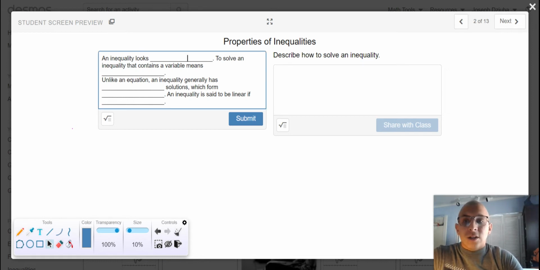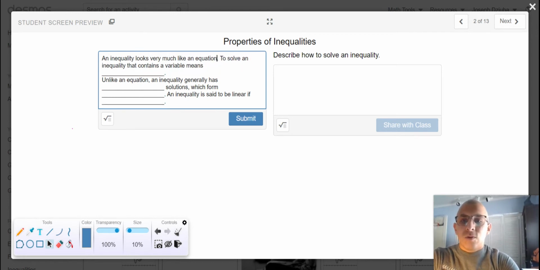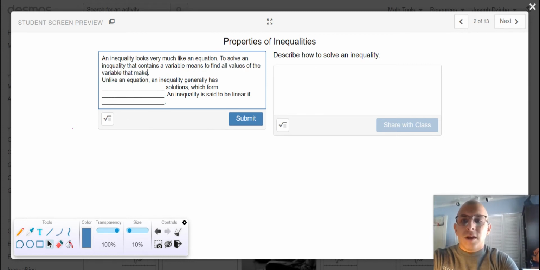An inequality looks very much like an equation. To solve an inequality that contains a variable means to find all values of the variable that make the inequality true.